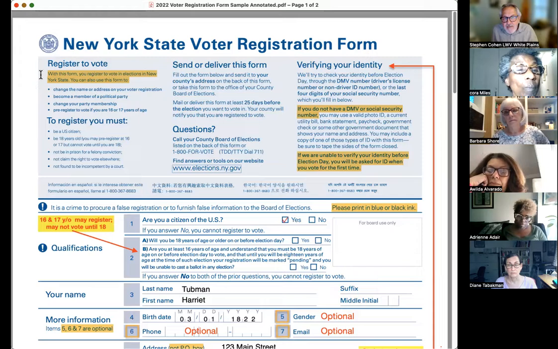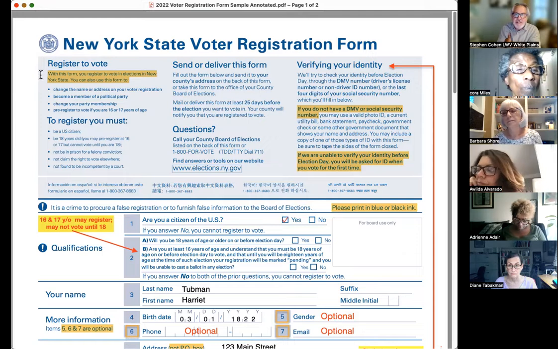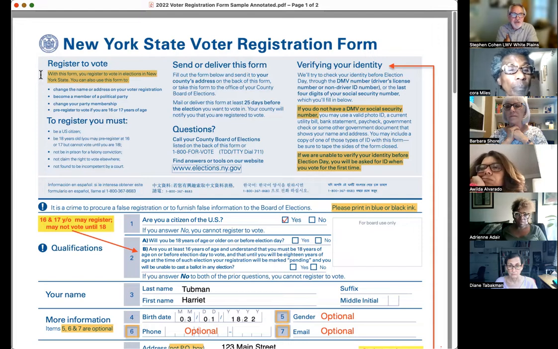Oftentimes what we see is that when students register, they choose not to register a party affiliation. And then especially in a state such as New York, in which the Democratic Party holds such sway, there are occasions on which a registered voter will decide that maybe it's important to be registered with a political party so that they can vote in the primaries.